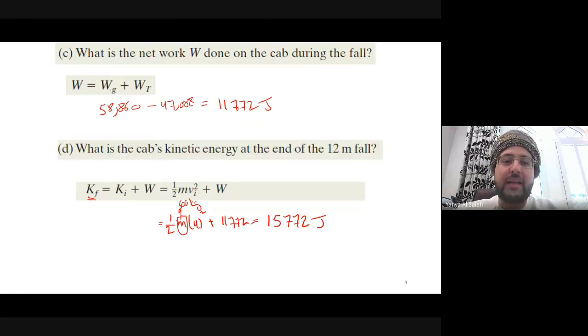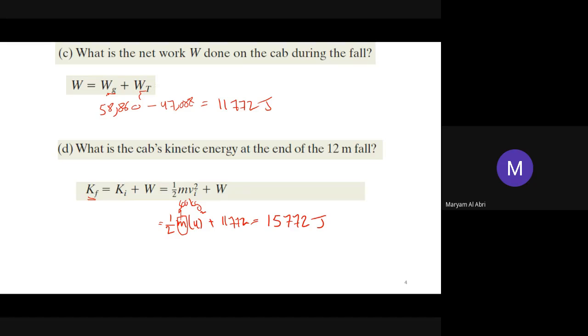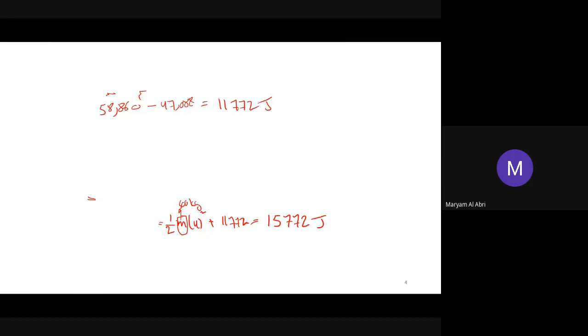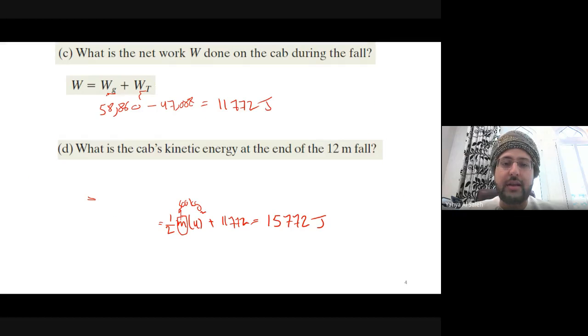So you add the two works, of gravity and of tension. Okay, so why are you subtracting them together? Because this was negative. When you add a negative and a positive number, you end up with a negative.